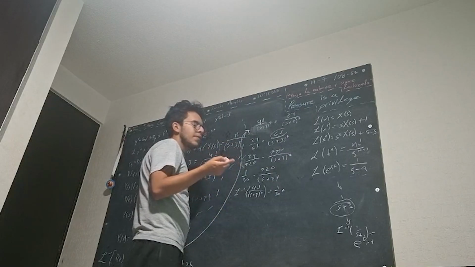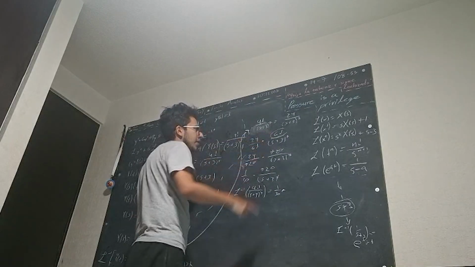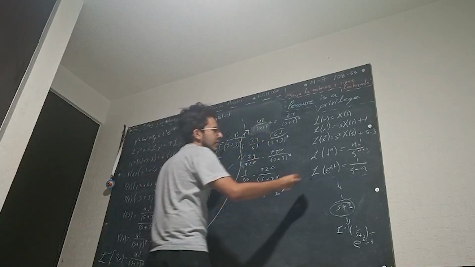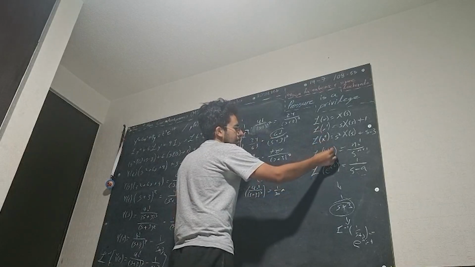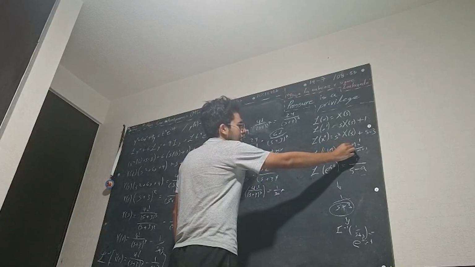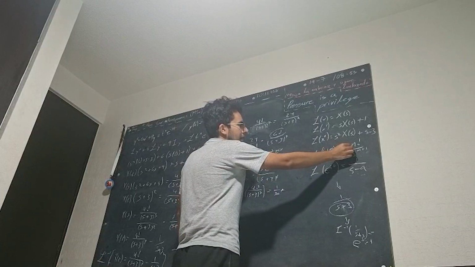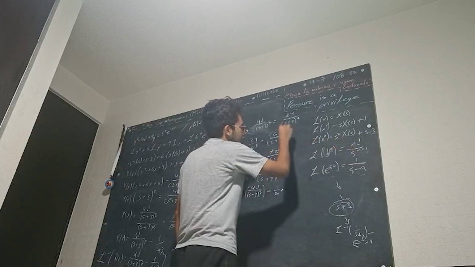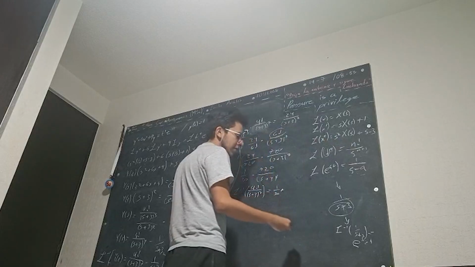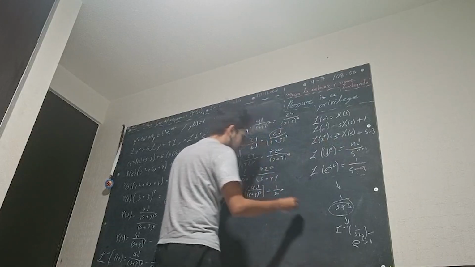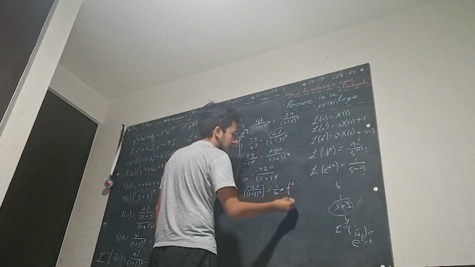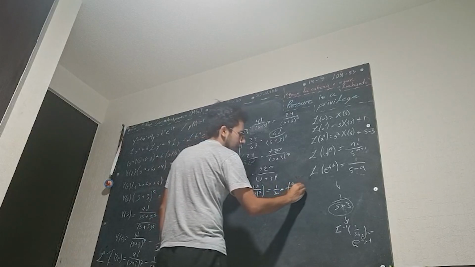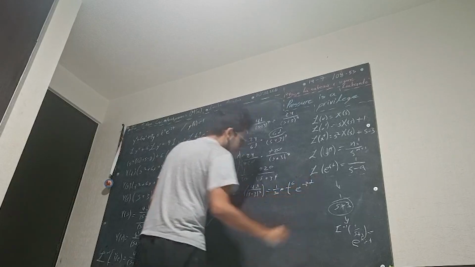That means that we have t to this power, because the formula tells us that t to the power of something is expressed by the factorial. So we have t to the power of 6. So we will have this like this and this.